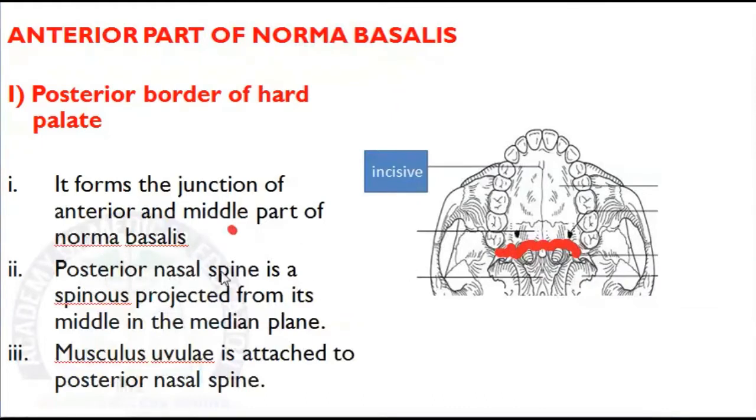Then the posterior nasal spine is a spinous projection in the median plane. Musculus uvulae is attached to the posterior nasal spine.